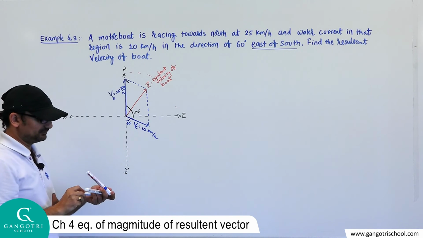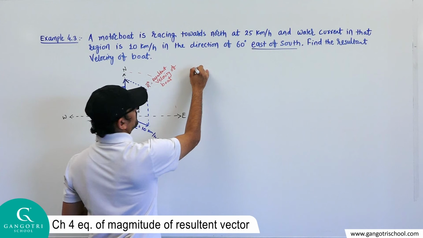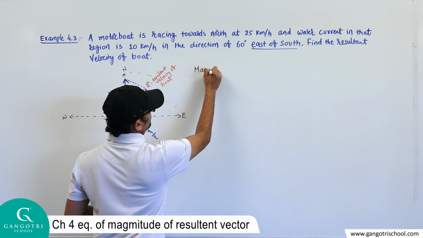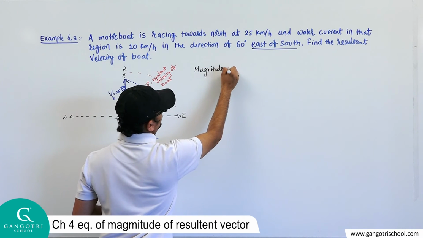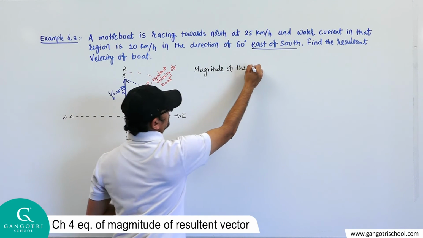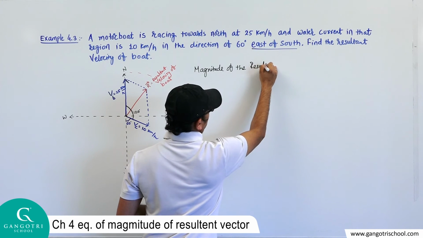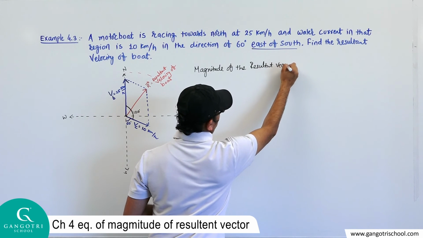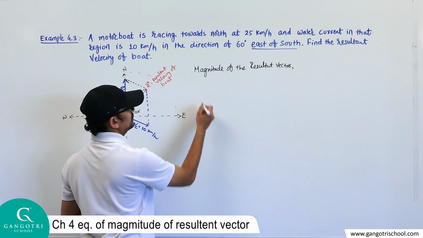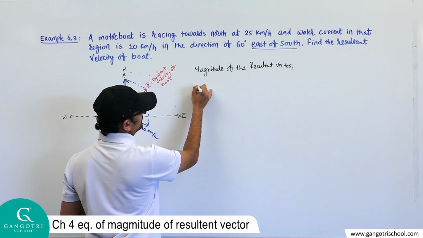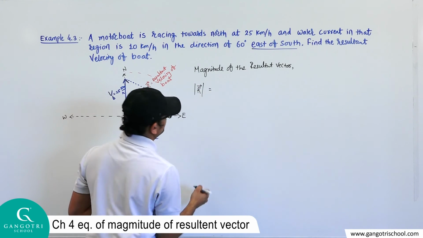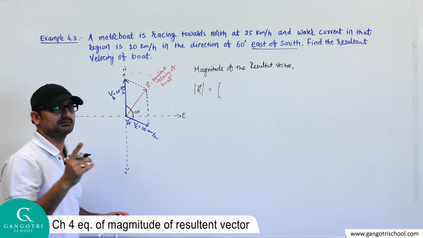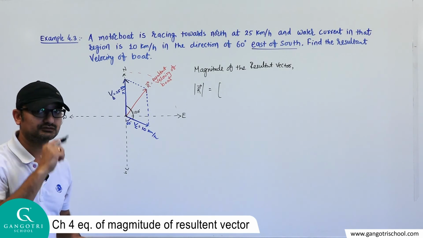Now let's use the previous concept. The magnitude of the resultant vector, which is the resultant velocity of the motorboat, mod R is equal to (a square plus b square plus 2ab cos theta) raised to 1 half.